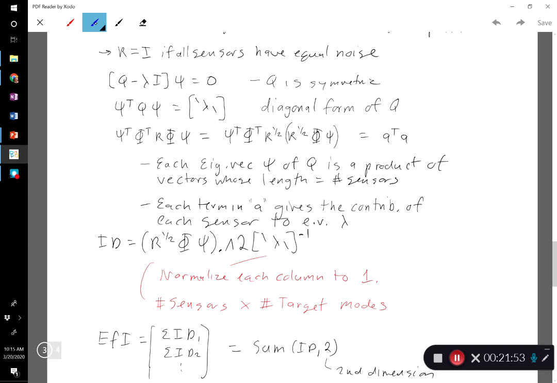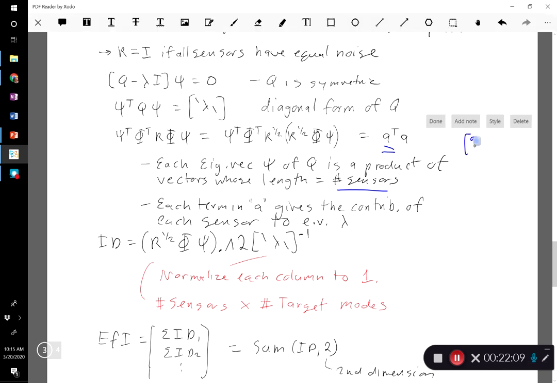So these vectors here, A, their length is the number of sensors. Let's just look at a simple example. Say we had A1, A2 transpose A1, A2. This would just be A1 squared plus A2 squared.